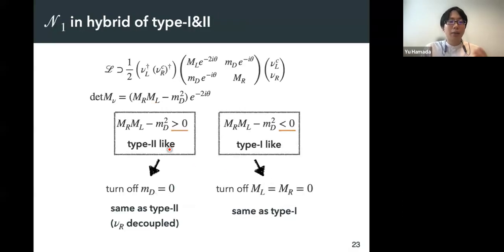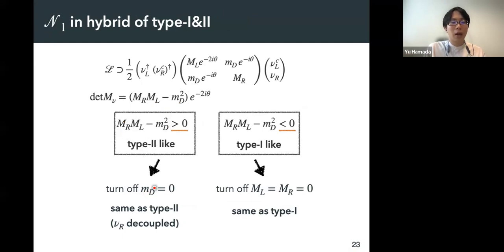And as I said before, the topological invariant N is topological, so it doesn't change even when we turn off some mass parameters. So let's turn off the Dirac mass here, but this doesn't change the sign of this determinant, so we keep this quantity non-zero.